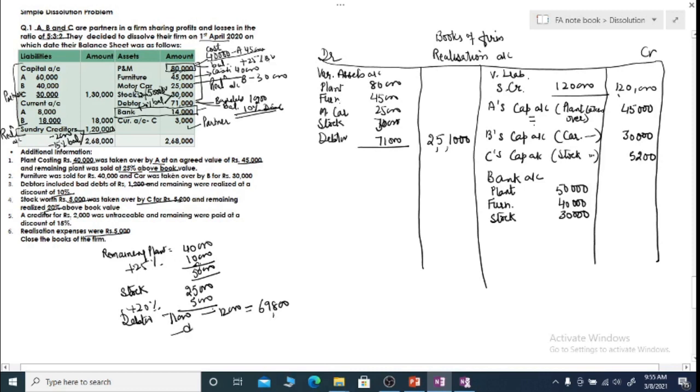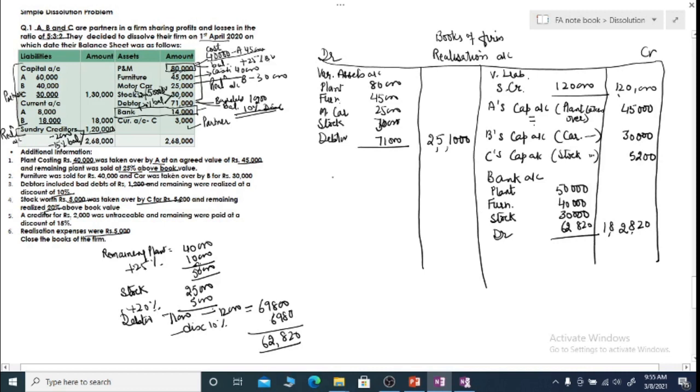So you will be recovering money after discount of 10%. So if you deduct this, what do you get? 62,820 for the debtor. So this is what you are getting. So we recorded this, and now we have the payments lined up.